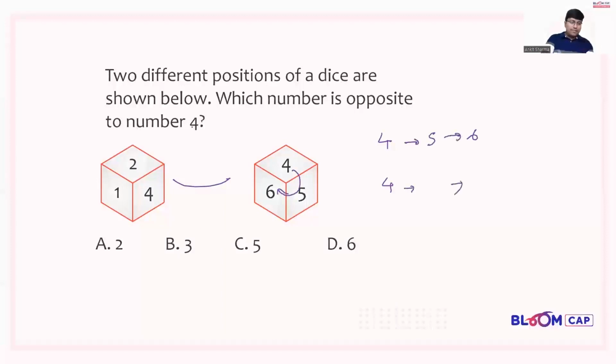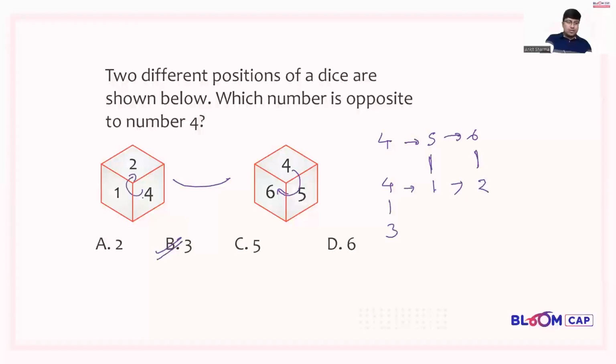In this figure also, from 4 you go to 1 and then 2. So opposite to 6 is 2, opposite of 5 is 1, opposite of 4 is 3. Therefore the correct answer is option B, that is 3.